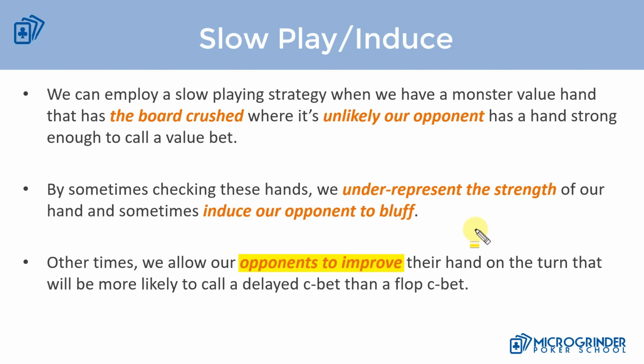All these different types of hands that we still beat. Then we get value from them because their hand has improved, and they may lead out on the turn or the river, and they may potentially call a delayed c-bet as well. So those are the benefits to slow playing a hand, and I think this one is fairly straightforward and basic.